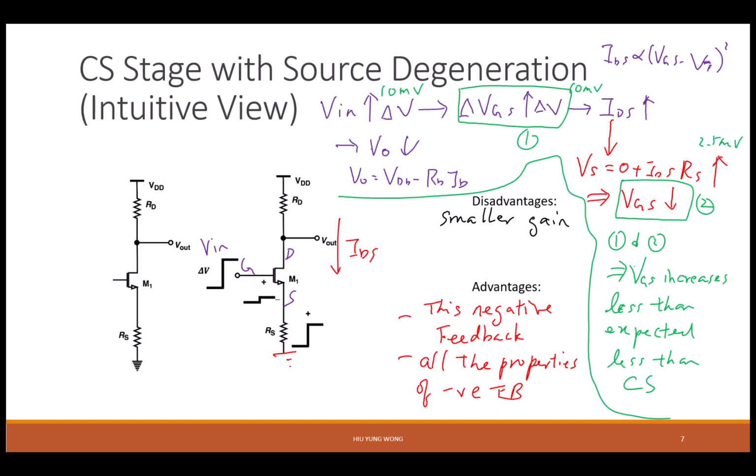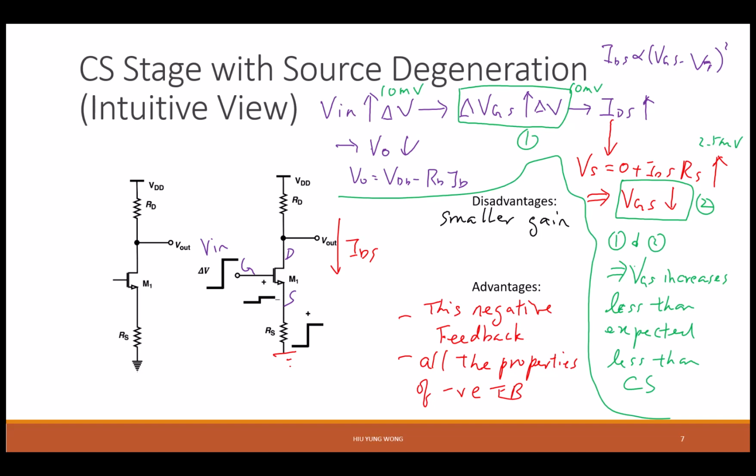With more current going down, VS increases, right? Just Ohm's law, because VS equals 0 plus IDS times RS. It's going to increase. Then what does it mean? Very good. VGS will decrease, right?